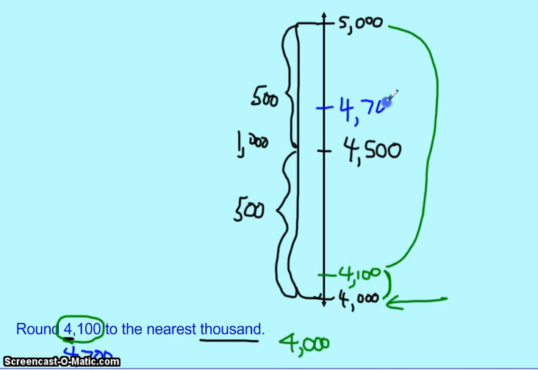We know that 4,700 is more than 4,500. It's a couple hundred more, so somewhere in here. So is 4,700 closer to 5,000, or is it closer to 4,000? Well, we can see that it is closer to 5,000. So if we rounded 4,700 to the nearest 1,000, it would be 5,000.